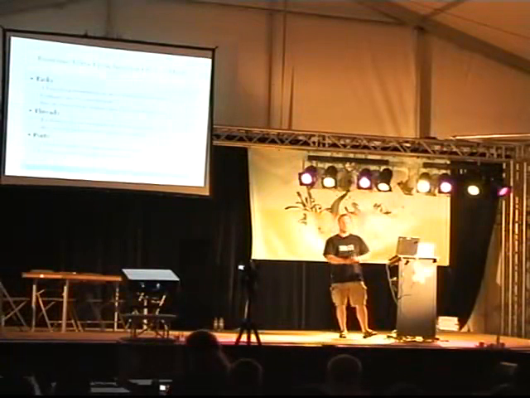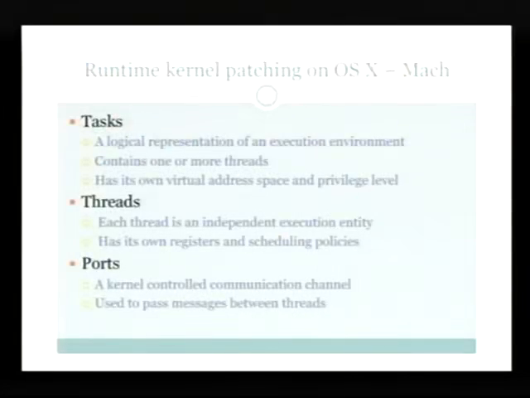So the first thing we have to talk about when we talk about VM read, write, and allocate is that we need a port into the kernel. The Mac OS X Mach kernel uses something called tasks, threads, and ports. A task is basically a virtual representation of an execution environment. A task can contain threads.